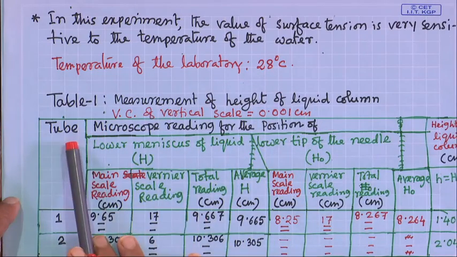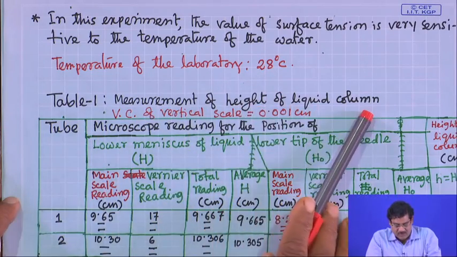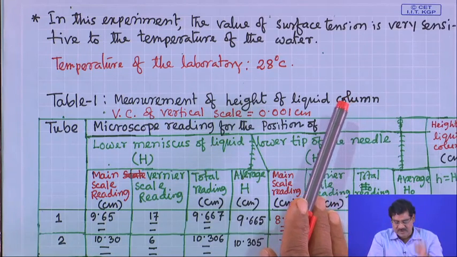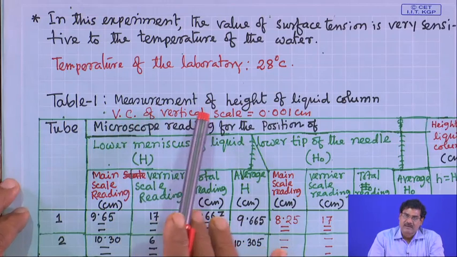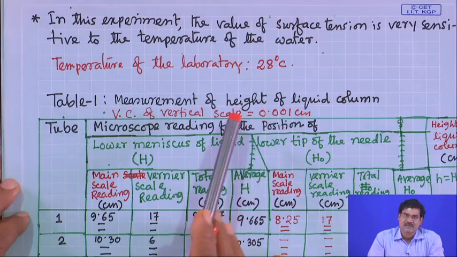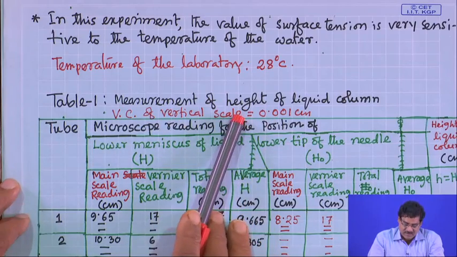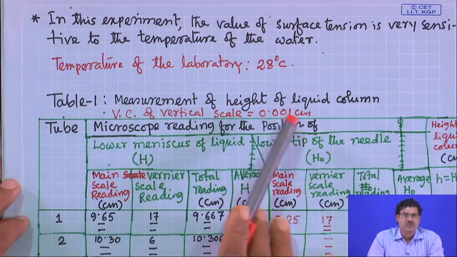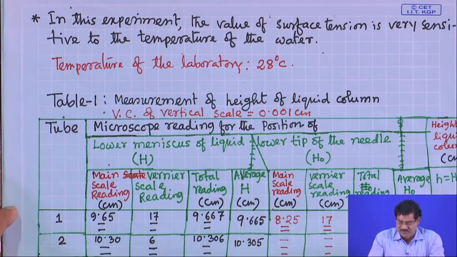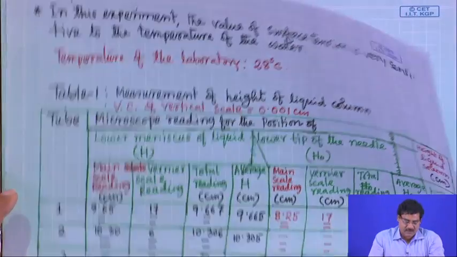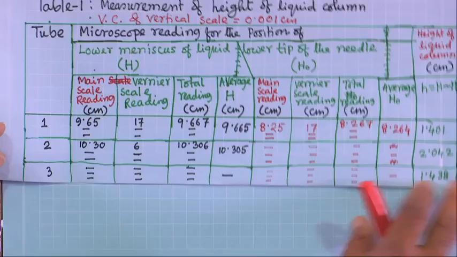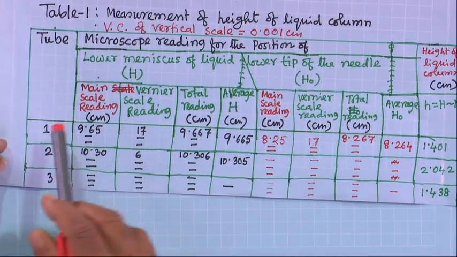Now, table 1 is the measurement of the height of the liquid column, as I told you h we have to measure. We use the vertical scale of the microscope, and the vernier constant you should note down. During the experiment we took three tubes of different radius, tube 1, tube 2, tube 3.